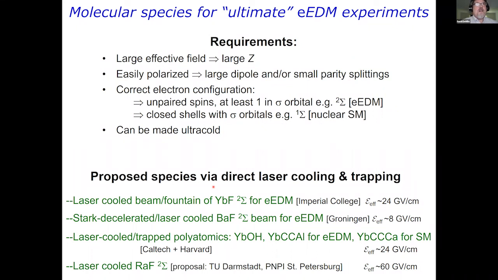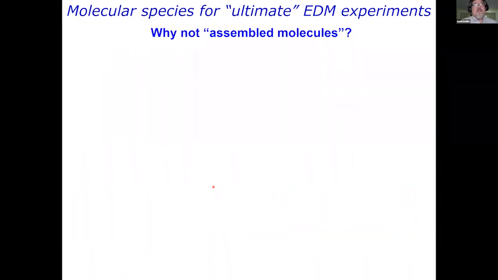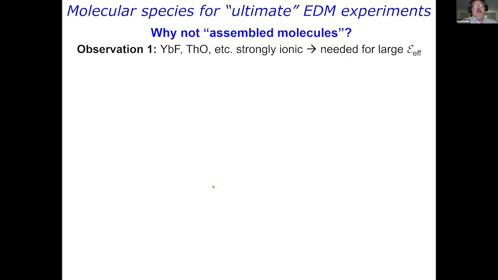But it begs the question, why not use assembled molecules instead of directly trapped and cooled molecules, because the assembly techniques are more advanced. So an observation is that all the molecules that have been used successfully so far are strongly ionically bonded molecules, which is really necessary for this large effective internal field.